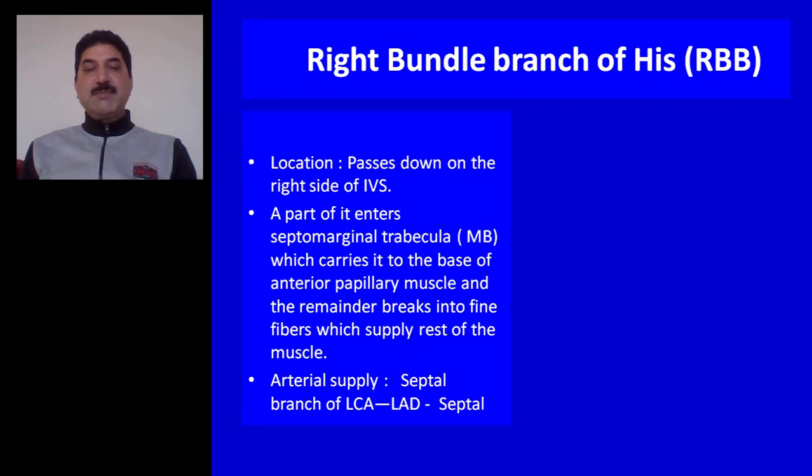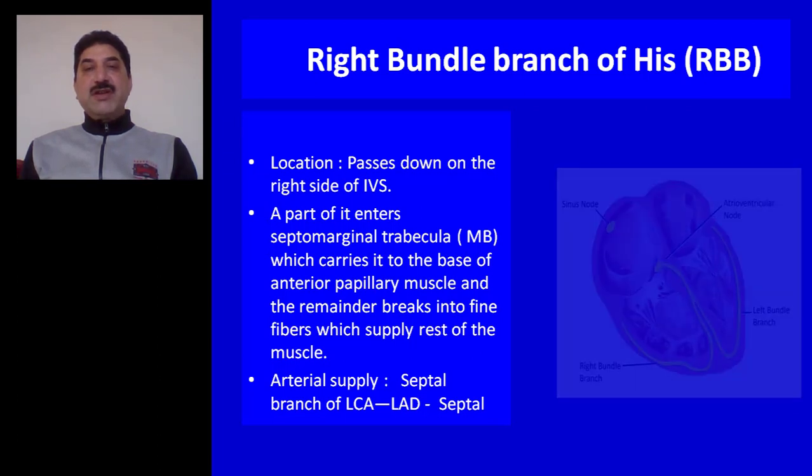It is supplied by the septal branch of left coronary artery. From left coronary artery, there is left anterior descending coronary artery, which gives septal branches which perforate and supply anterior two-thirds of the septum. Since right bundle branch is contained in the moderator band, it is supplied by septal branches from left anterior descending coronary artery.